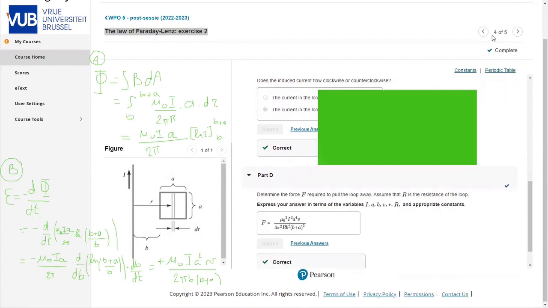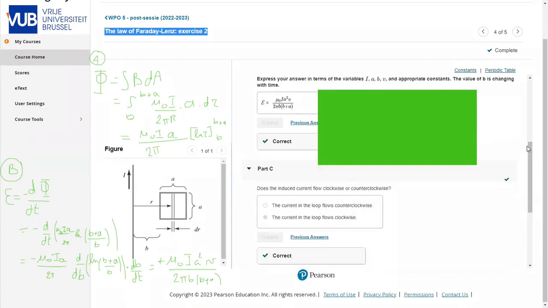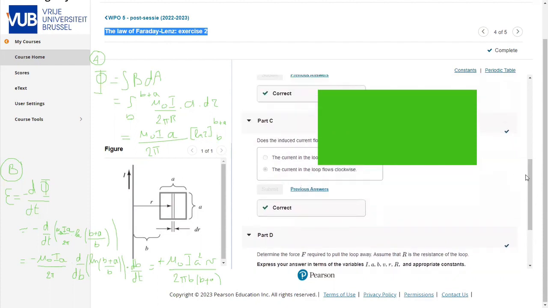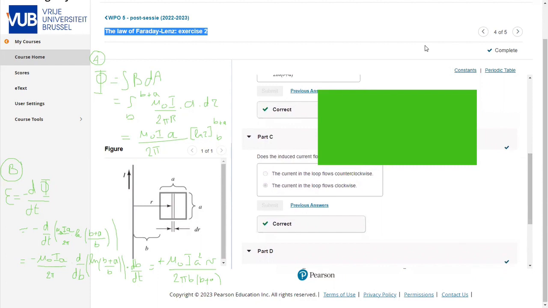Okay, I will hide this for a moment. So C does include the induced current flow. So you have to choose clockwise or counterclockwise. Actually, clockwise, and you have a wire, a loop, you just have to use your right hand, and it will be into the page.